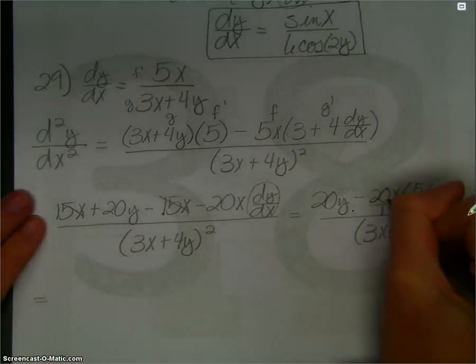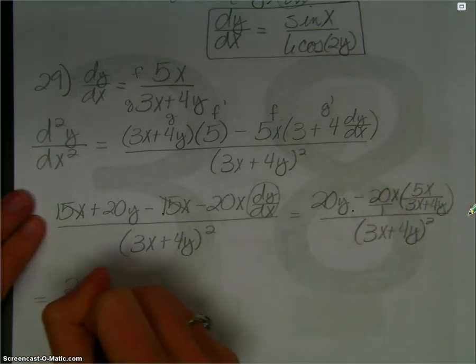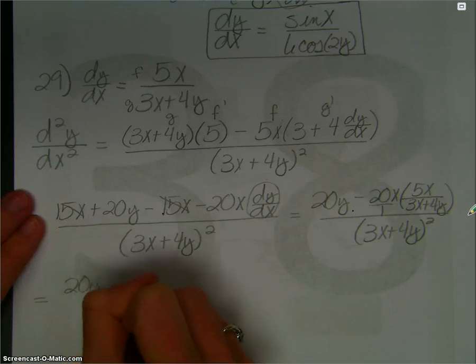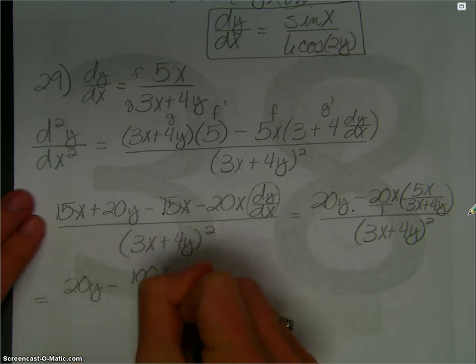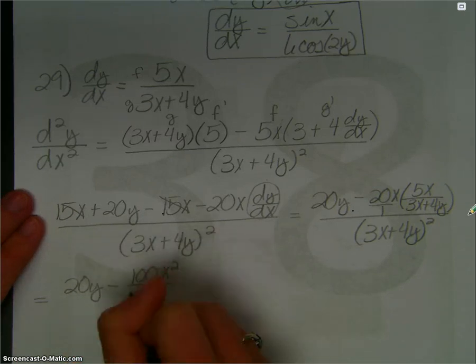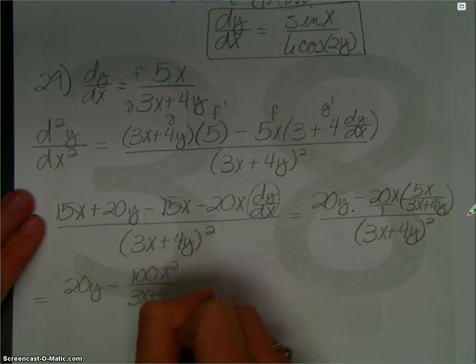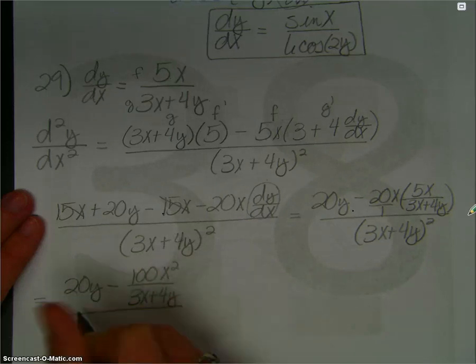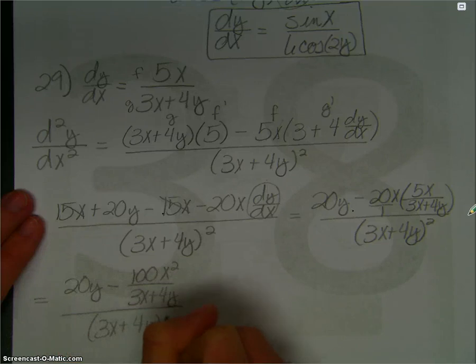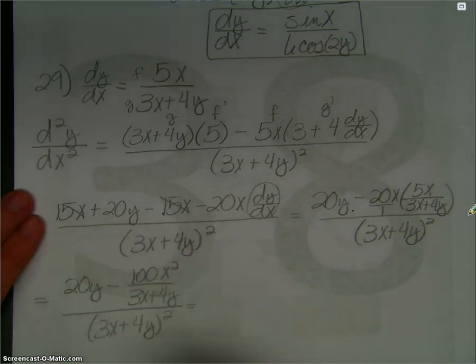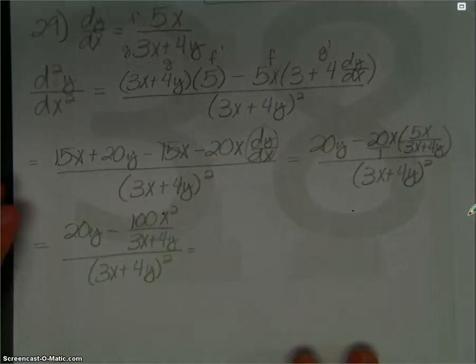Okay, let's do a little bit of multiplying with what we have right here. So I'm going to keep my 20y, and now I'm going to have 100x squared on the top, on the bottom 3x plus 4y, and now I'm going to put those fractions together that I have up there on the top. I don't want to use keep it, change it, flip it, or multiply by the reciprocal until I have one fraction all together up here on the top.